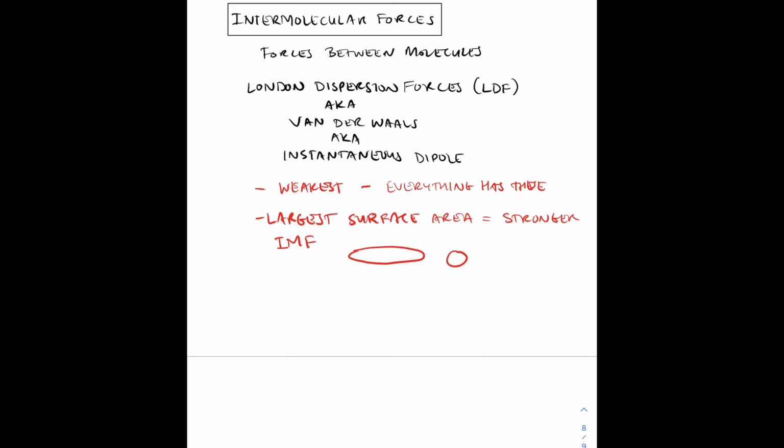Okay. And one of the cool things about London dispersion forces is that's pretty much how geckos work.